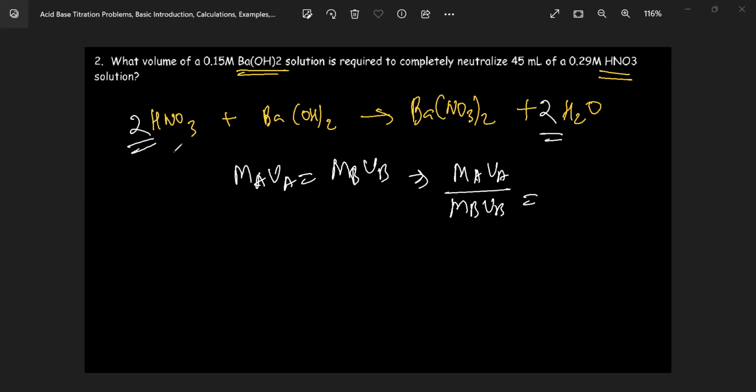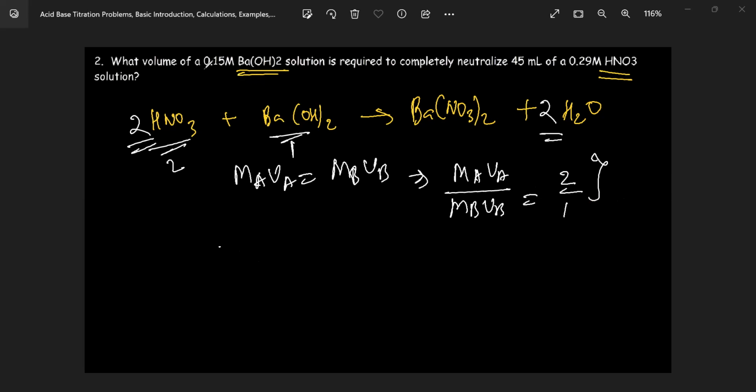For the acid we have 2 moles reacting with 1 mole of base, so you will make it 2 upon 1. Because 2 moles of nitric acid react with 1 mole of barium hydroxide, we take it as 2 upon 1.